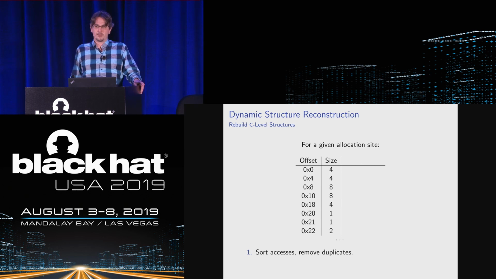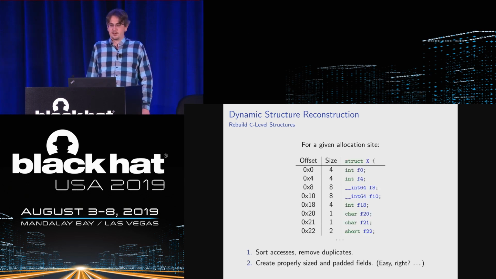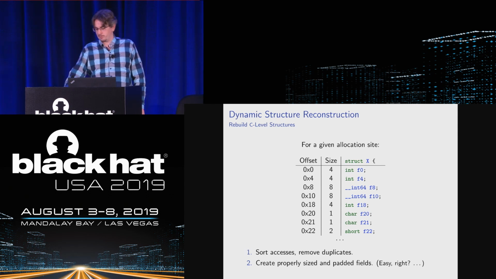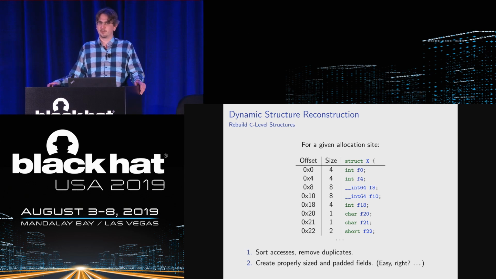So for any given allocation, take the accesses that we observed, sort the offsets at which the accesses took place and remove duplicates, and then simply convert those into structure declarations. Choose C data types of the appropriate size, and lay them out in the sequence in which they were observed. So that seems pretty easy.